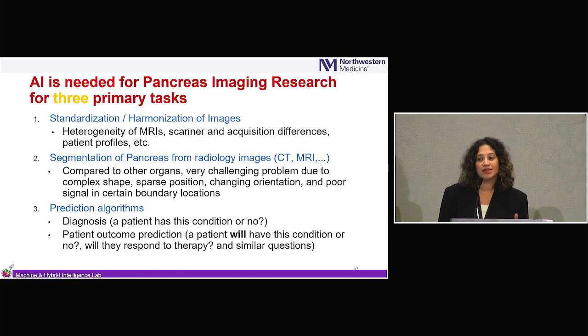Second, segmentation: we should always segment the pancreas when we go deeper into what's going on as subtle changes at the tissue level. And third, prediction algorithms. And outcome is really important.